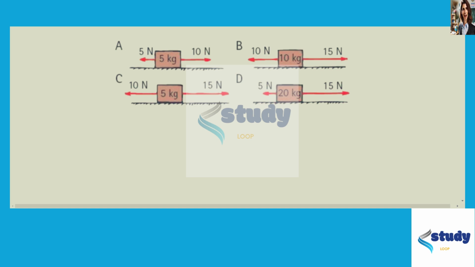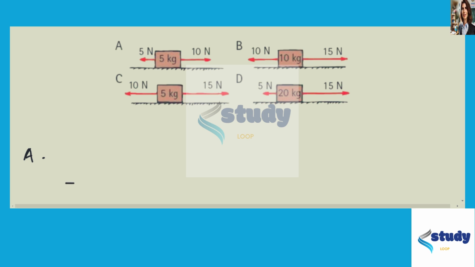from greatest to least value. So for the first box, that is box A, first we need to set the positive and negative directions.